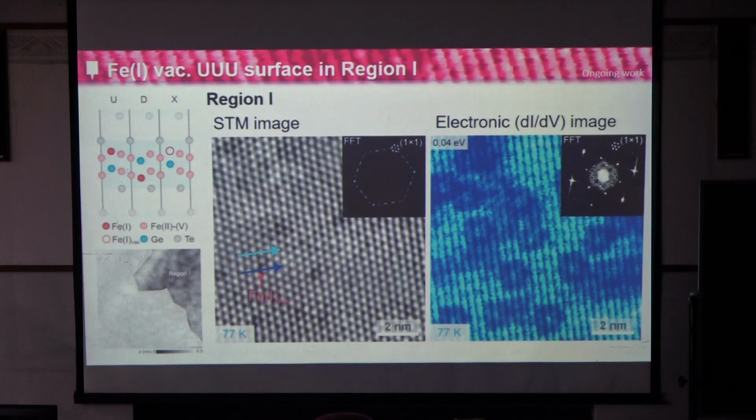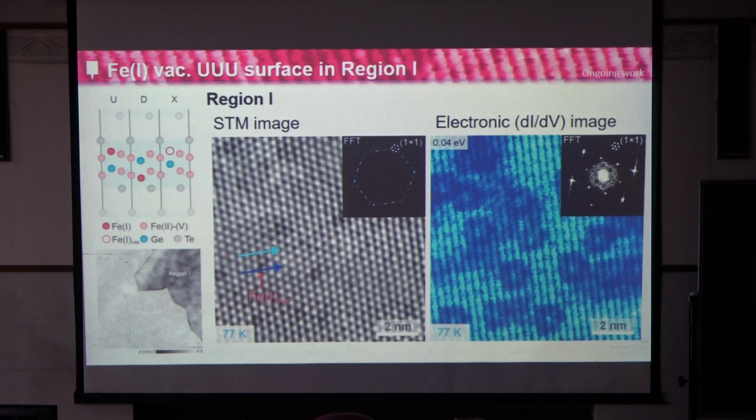So next we move to region 1. We want to study this region because its morphology also shows a very beautiful one-by-one pattern. But in its electronic image, you can see many high-point defects in this region. And because it's one-by-one, we don't consider up-down behavior.